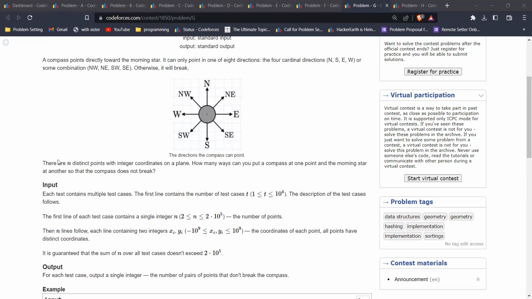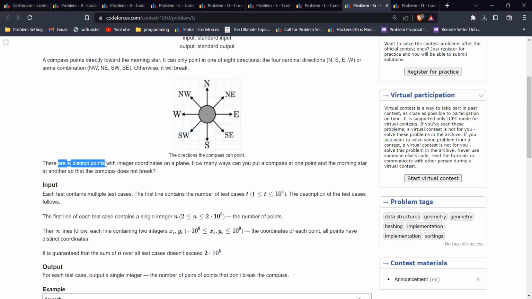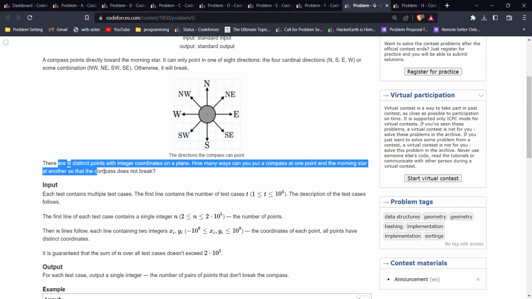Otherwise, it will break. So there are n distinct points with integer coordinates on a plane, and how many ways can we put a compass at one point and the morning star at another so that the compass does not break?